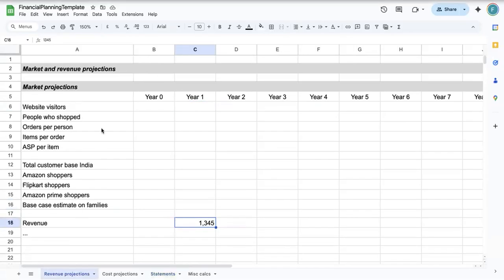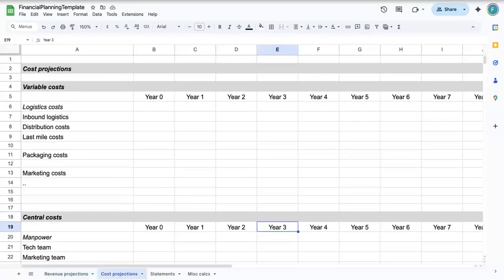So you should have ideally a sheet which captures all your assumptions about revenue. You should have a sheet which captures all your cost projections, how your costs are getting built out. Your cost could be variable cost and fixed cost; that's a good way to think about how costs for a business happen. Within variable cost, you would have logistics cost, packaging cost, some amount of marketing cost.